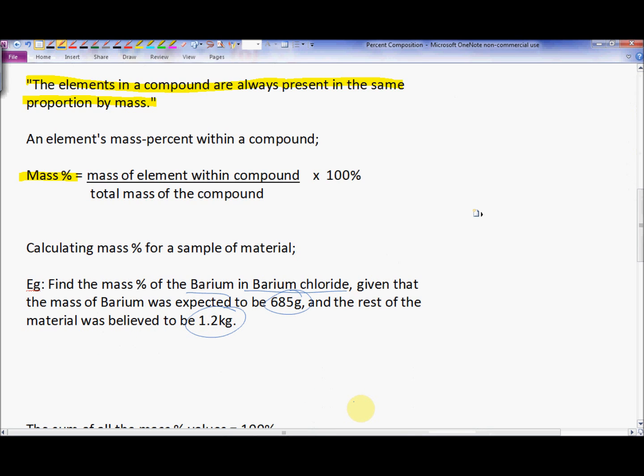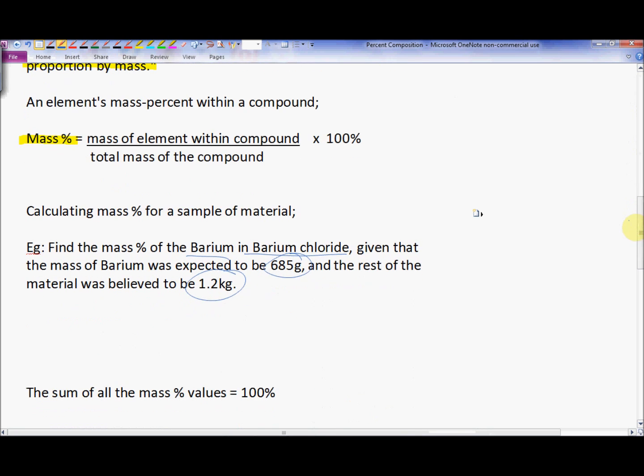So quite simply, to calculate the mass percent, mass percent is equal to the mass of the element, so in this case the mass of the barium, divided by the total mass of the compound, and then multiplied by 100%.